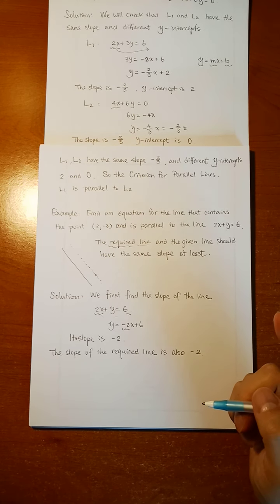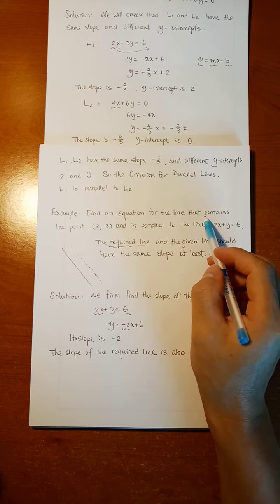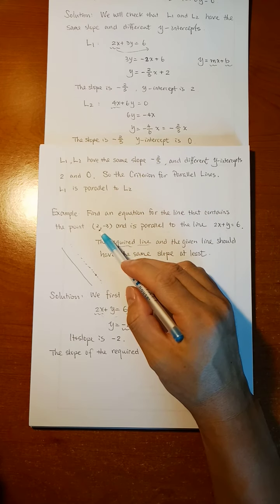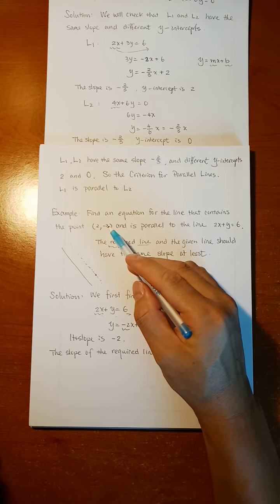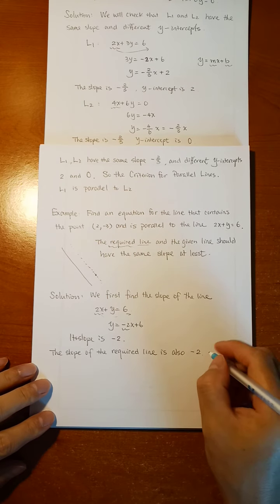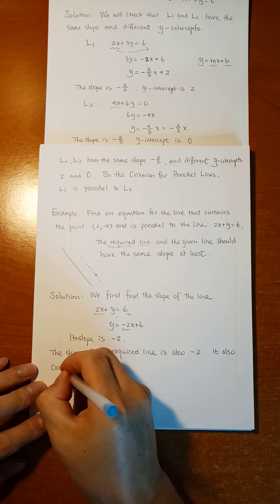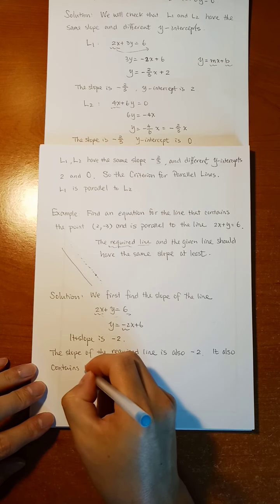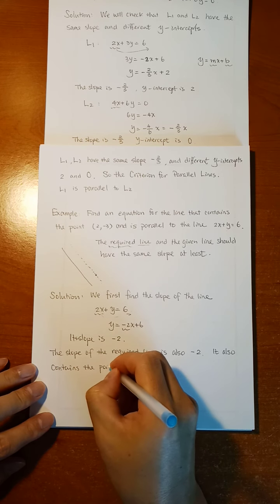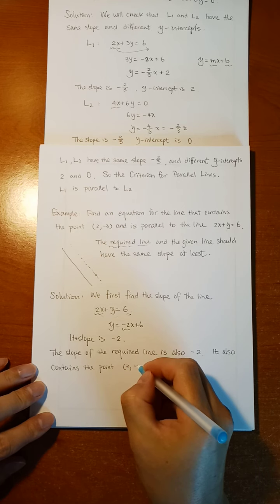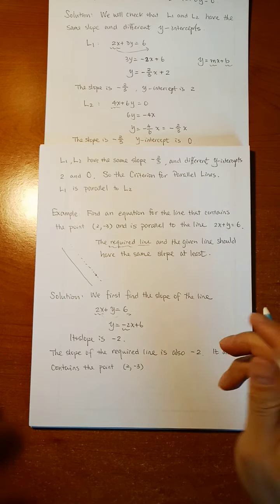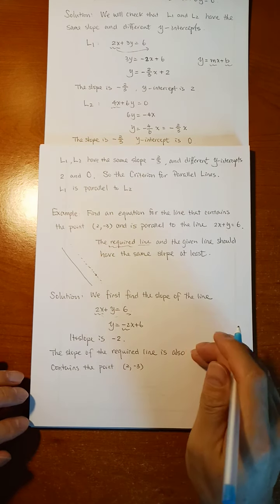And we also have the condition that the required line must contain the point (2, negative 3). All right, you have a slope, you have a point, so we have the point-slope form.